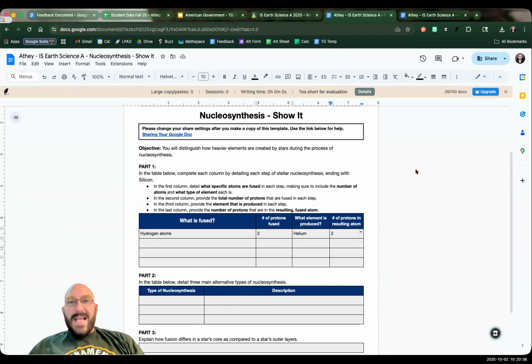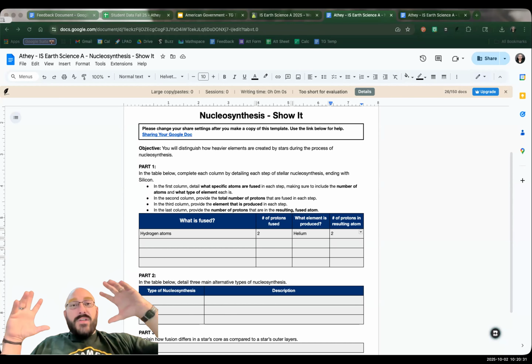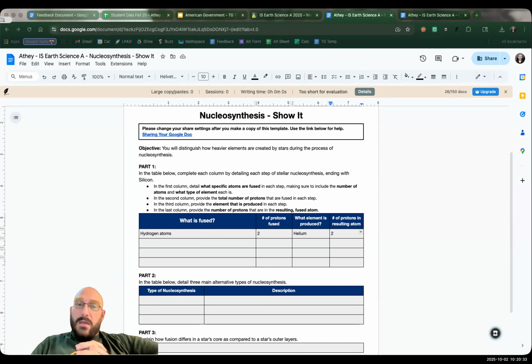Well, it doesn't end there, but it takes more energy to fuse together larger atoms. So I smash together hydrogen atoms, I get some helium out of it. Then I run out of hydrogen, and the gravity of the star starts pulling everything in again.